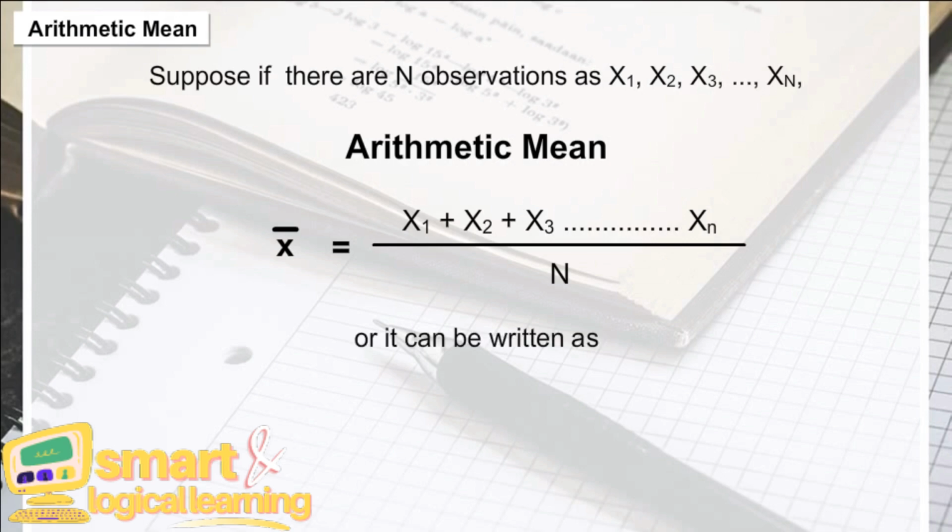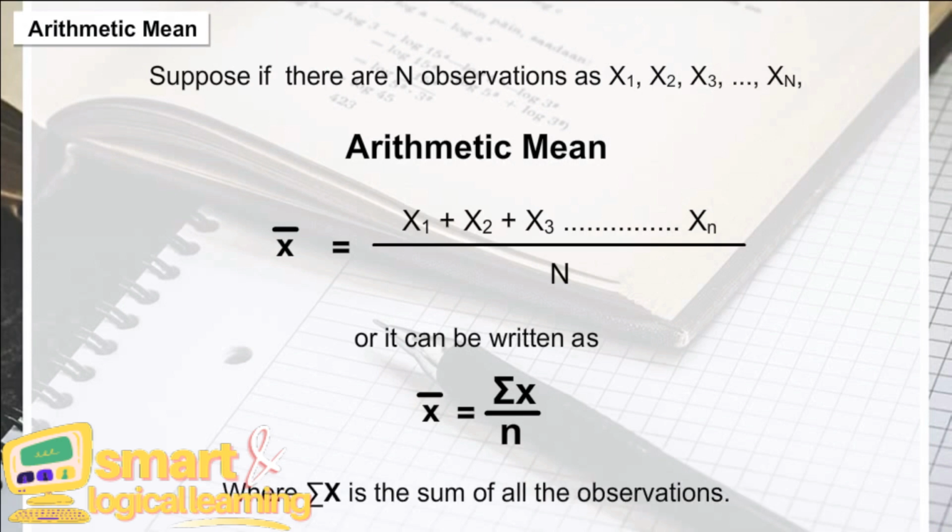Or it can be written as x bar is equal to summation x upon n, where summation x is the sum of all the observations.